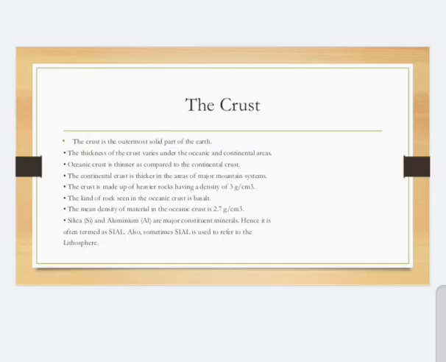The crust is made up of rocks having a density of 3 gram per centimeter cube. The kind of rock seen in the oceanic crust is basalt. The mean density of material in the continental crust is 2.7 gram per centimeter cube. Silica and aluminium are the major continental minerals, hence it is often termed SiAl. Sometimes SiAl is also used to refer to the lithosphere.